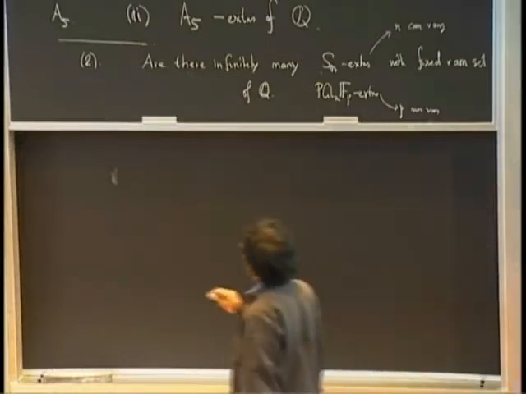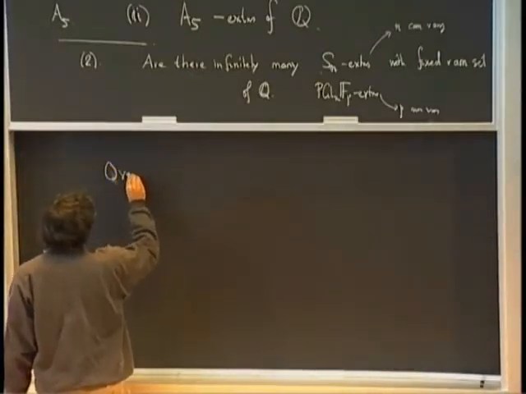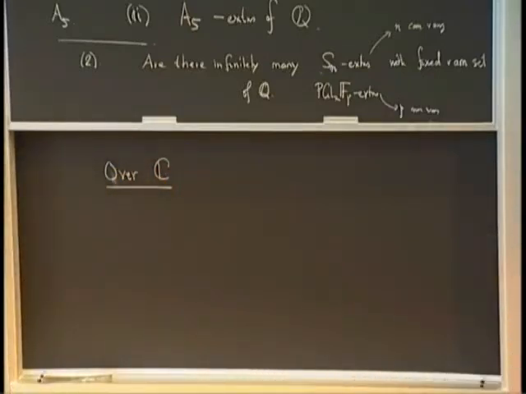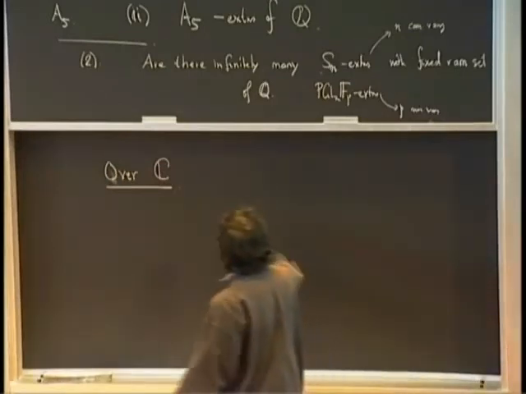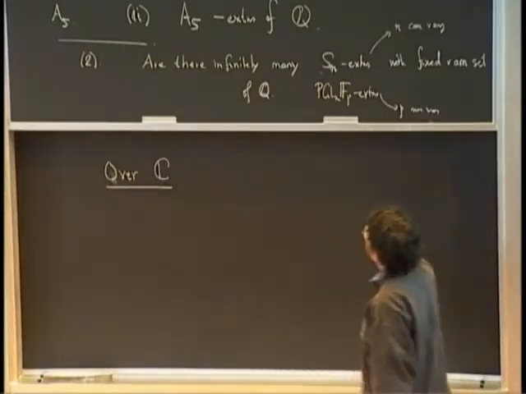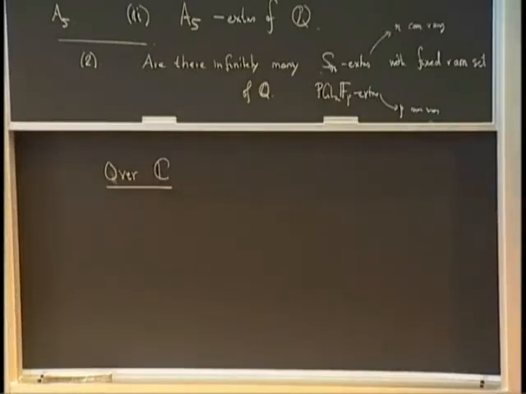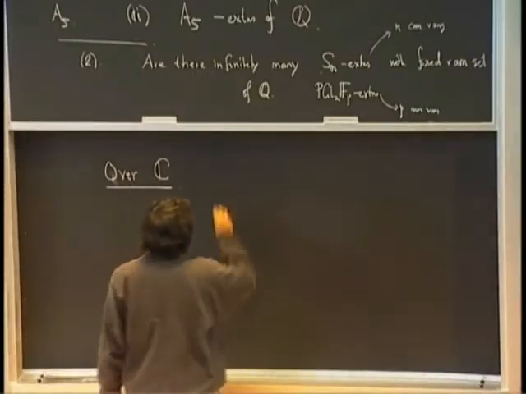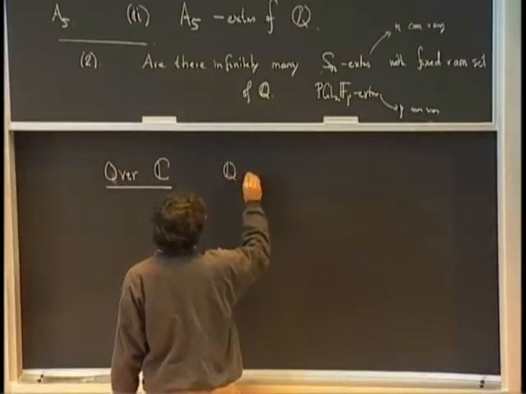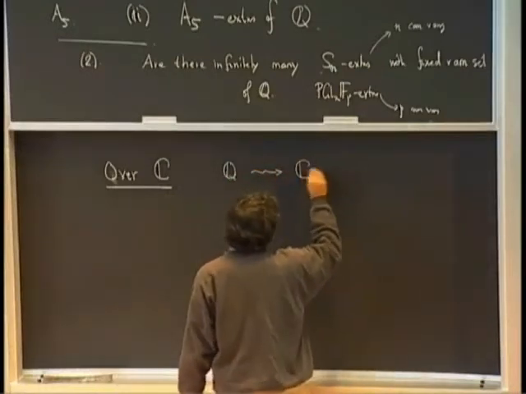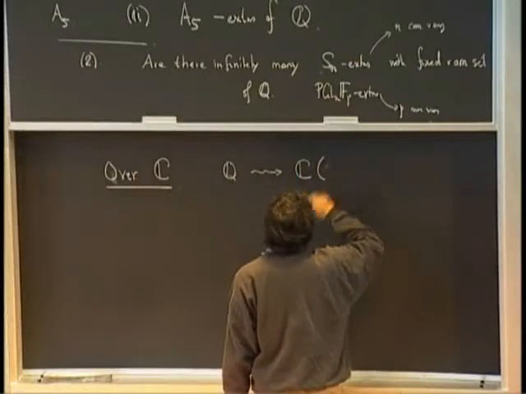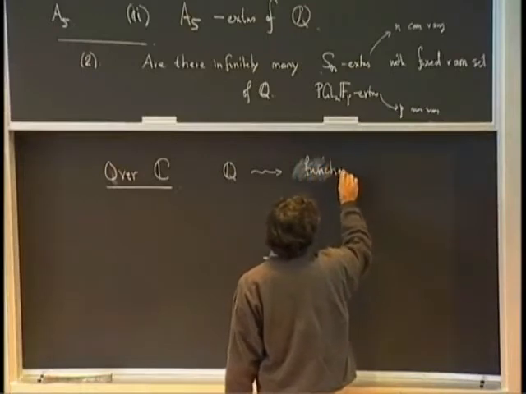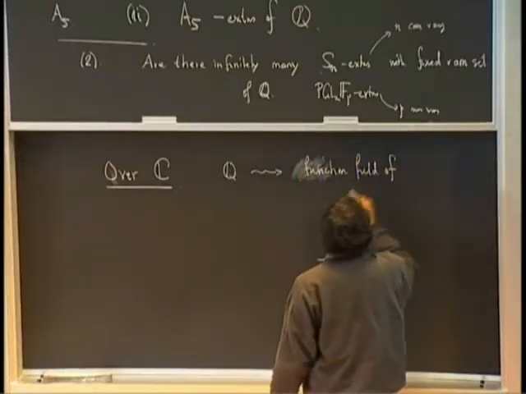Okay, so first let's talk about what happens over C. In other words, rather than considering Galois extensions of number fields, I'll consider extensions of function fields over the complex numbers. Okay, so in other words, we're sort of seeing what happens as we go through this analogy between Q and something like a function field of a curve over C, the function field of a Riemann surface.